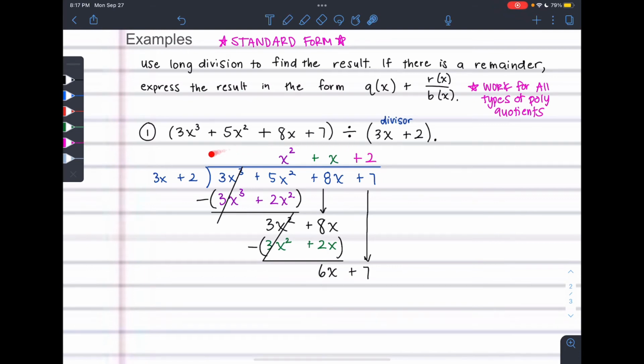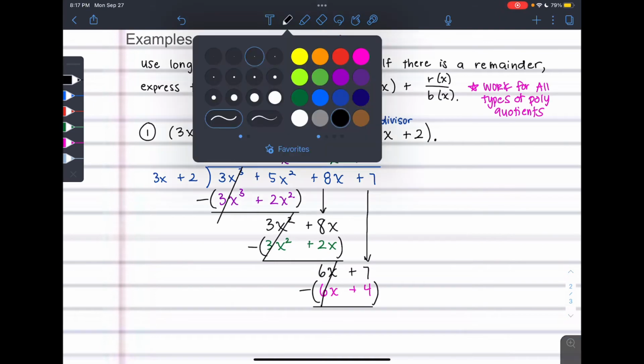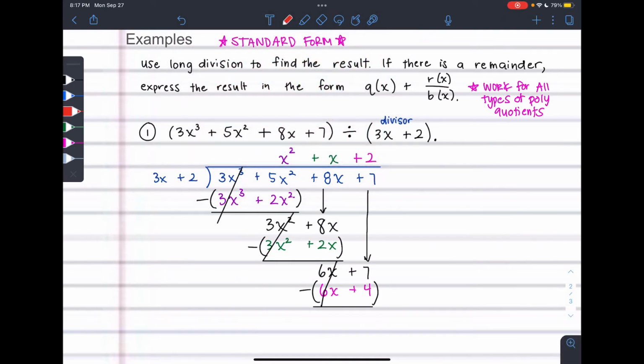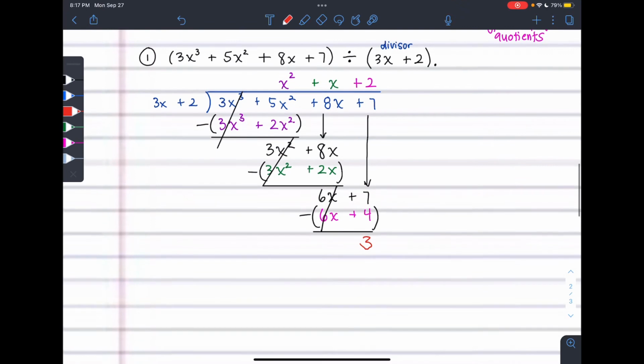So 2 times 3x will equal 6x. 2 times 2 is 4. All right, subtract that off. 6x minus 6x will go away. 7 minus 4 gives us a leftover of 3. Sorry, it's really wonky.